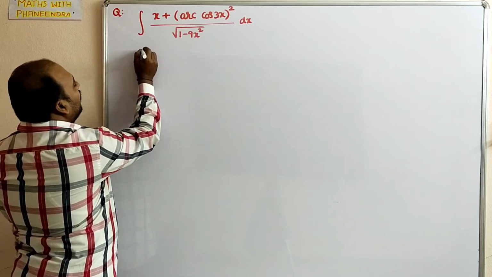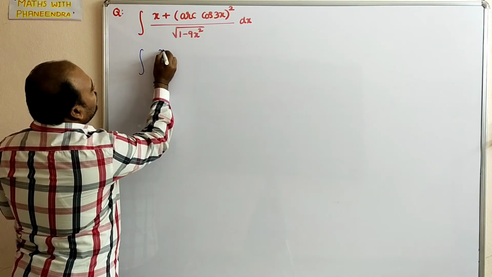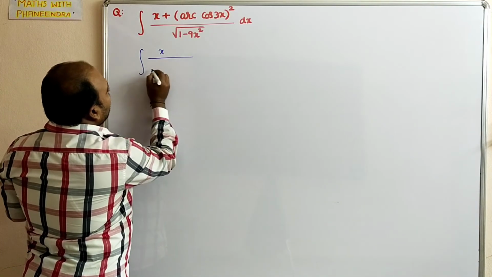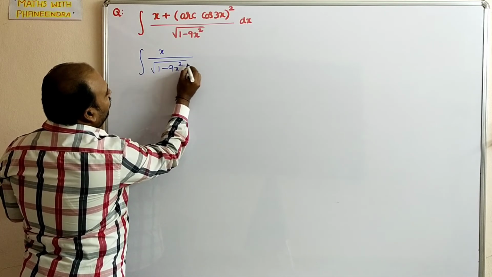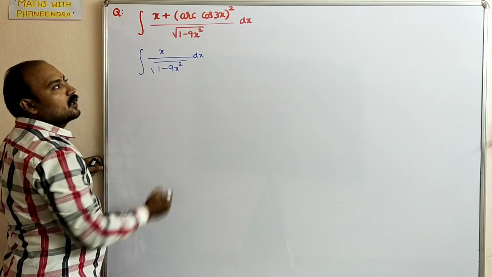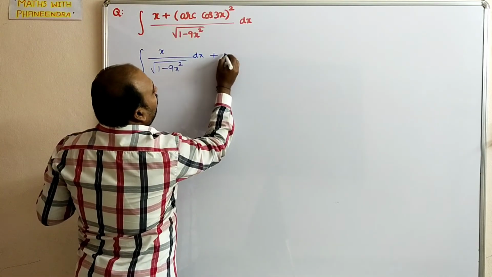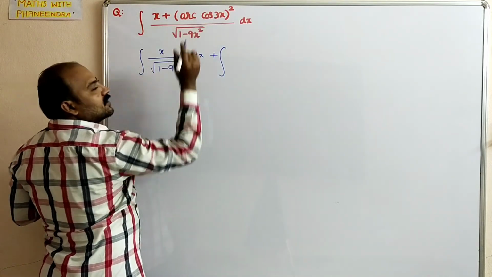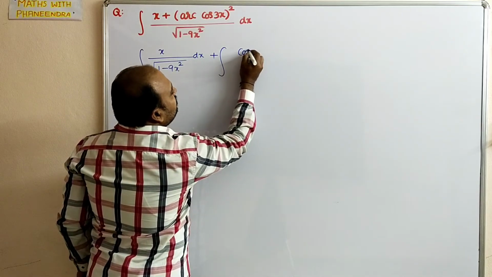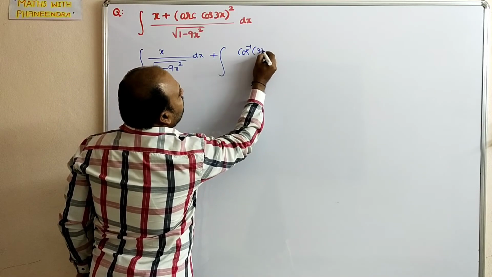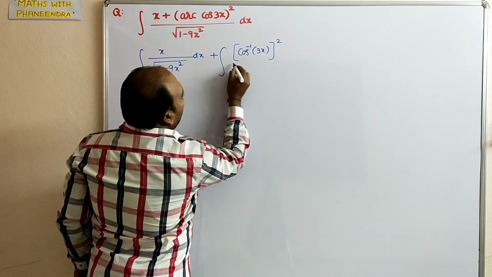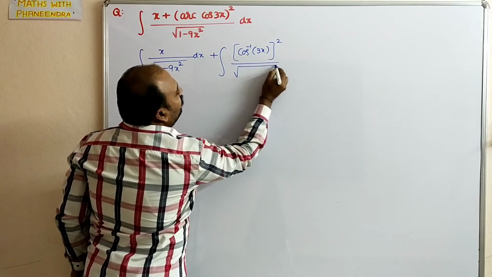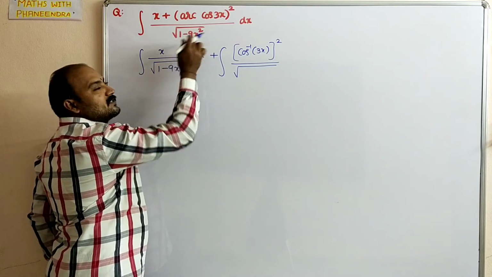So, integral x divided by square root of 1 minus 9x square into dx, plus integral arc cos, that means cos inverse of 3x whole square divided by square root of 1 minus 9x square.